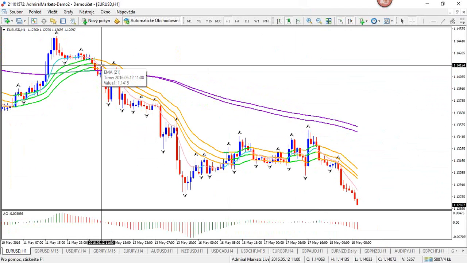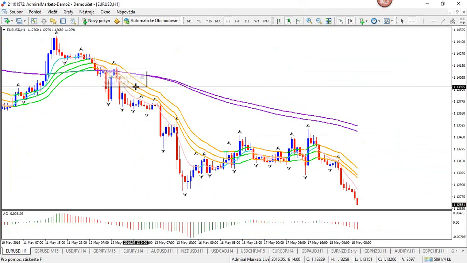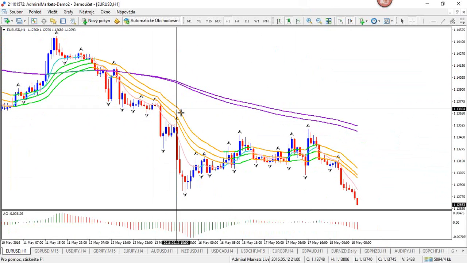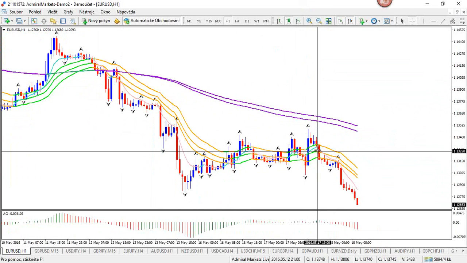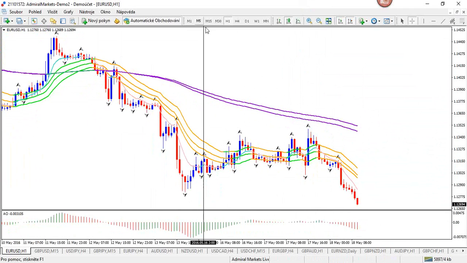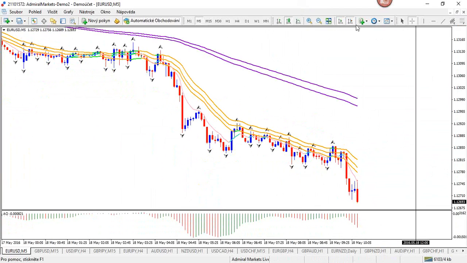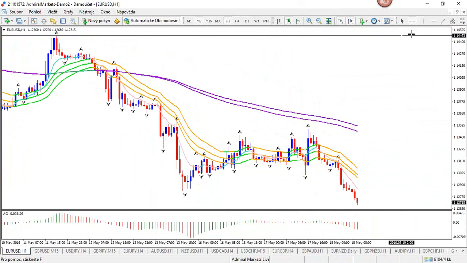On the 1-hour chart, you want to have the EMAs aligned, for instance, here, this 1-hour EMA band clearly in the downtrend, right? Once we have that, we can dive into the 5-minute chart.